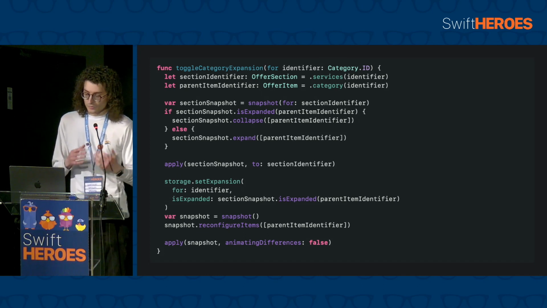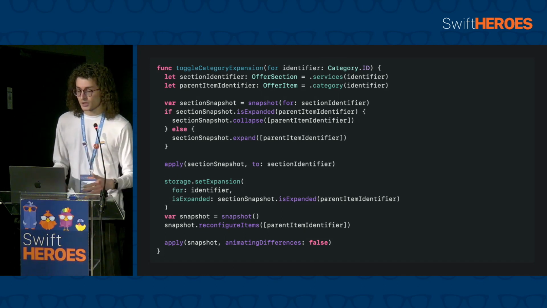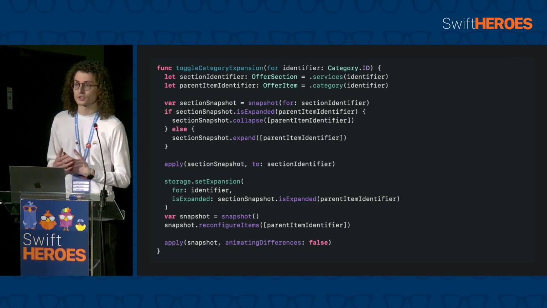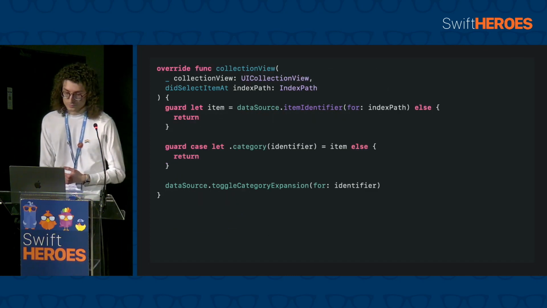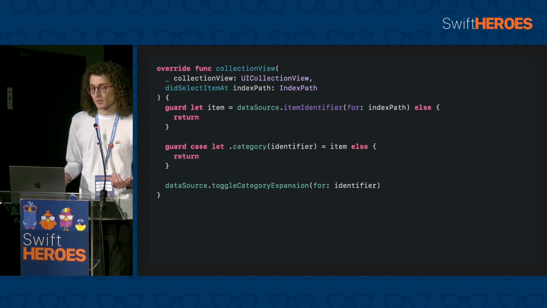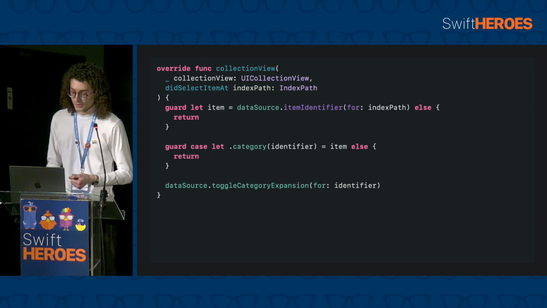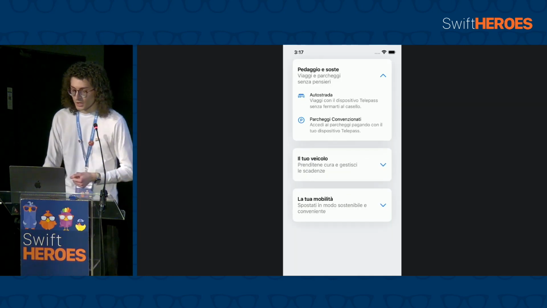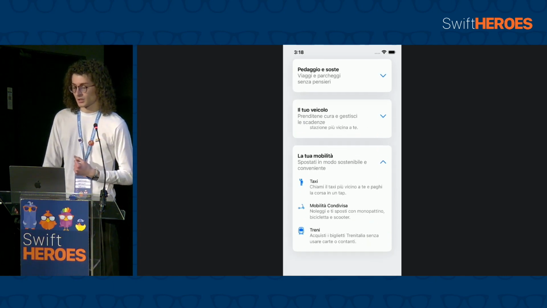And with the reconfigure items method, we are actually asking the collection view to execute the registration and configuration closure again without actually reloading the cell, which is much more efficient. Then, of course, we also implemented the selectItem method from the collection view delegate, so we can call the toggle category expansion method. So as you can see, every time we tap on the category cell, we get expanding lists.